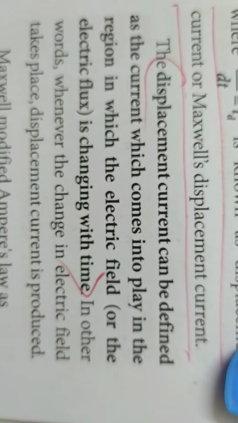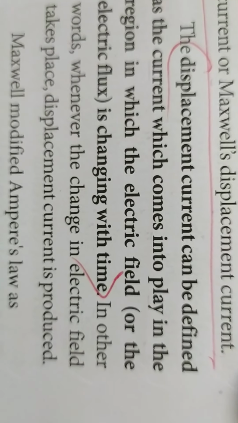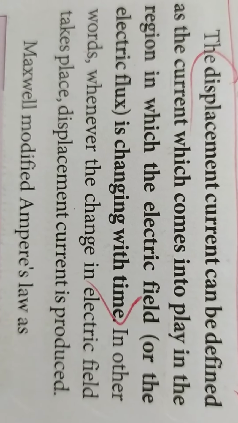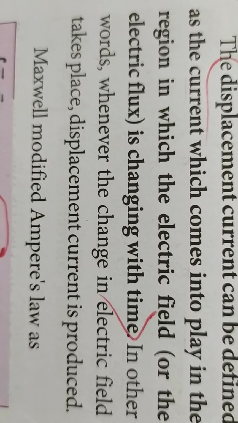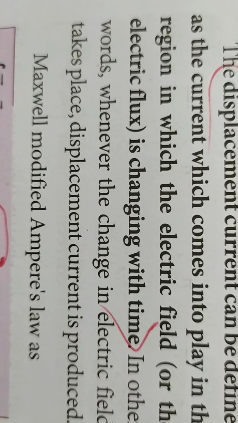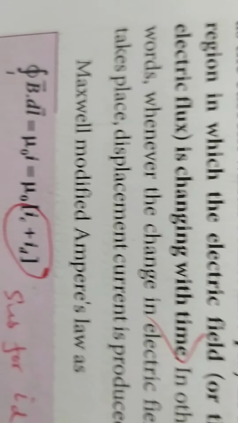So how can you define displacement current now? The displacement current can be defined as a current which comes into play in the region in which the electric field or the electric flux is changing with time. So whenever the electric field or flux changes with time, definitely you will have some current, and this current is termed as displacement current.